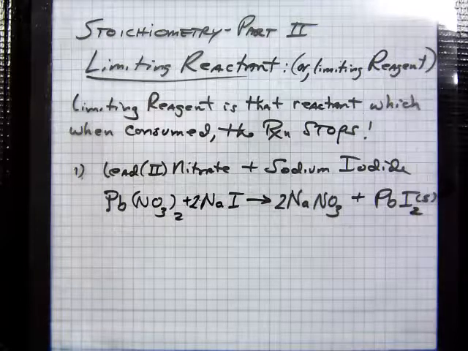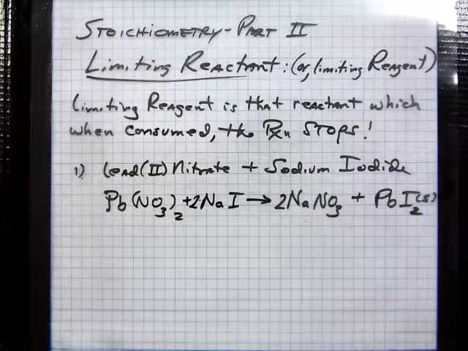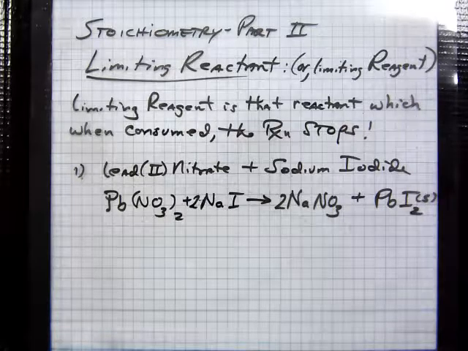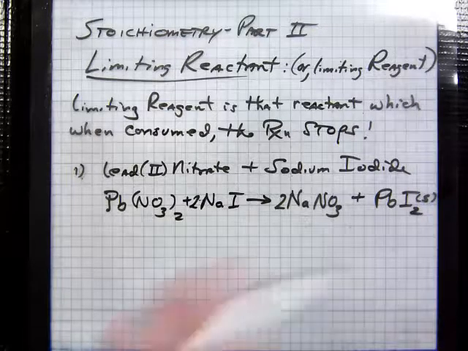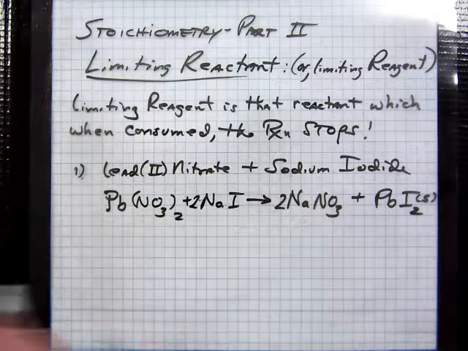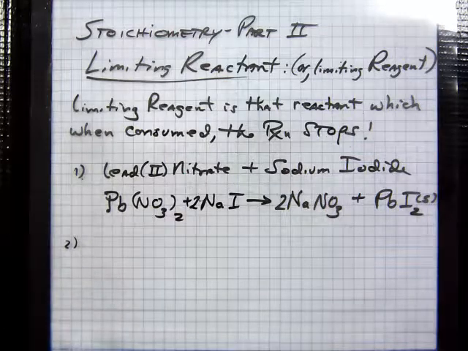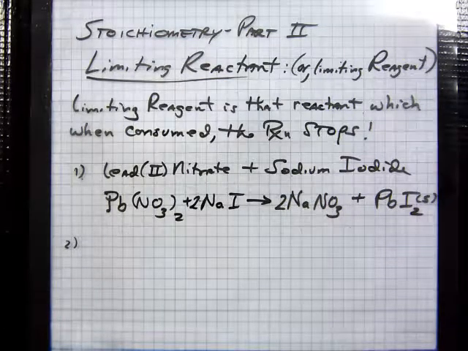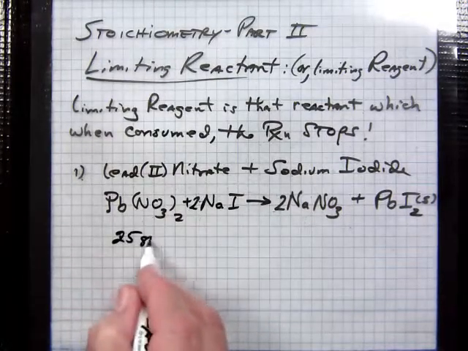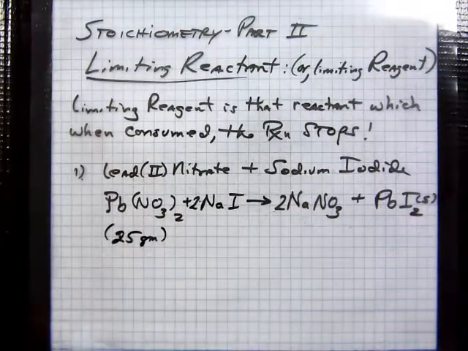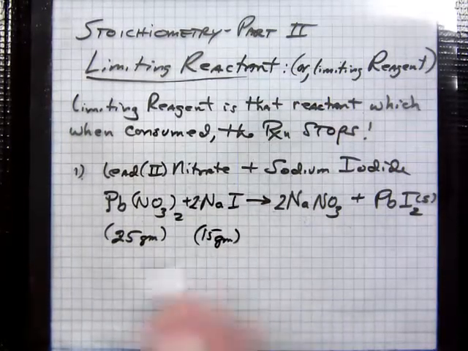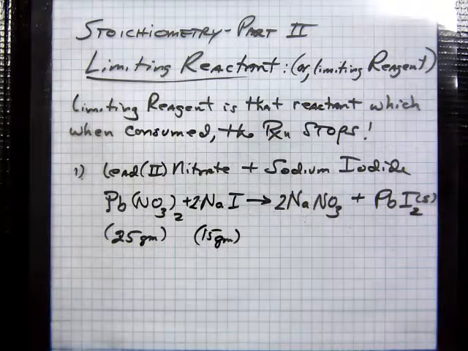So that's kind of how some of the problems on the test will start. I'll give you a word name, nomenclature of the reagents, and you have to figure out the balanced equation. Now, number 2 is if I start with 25 grams of lead nitrate and 15 grams of sodium iodide, how many grams of sodium nitrate will be formed?